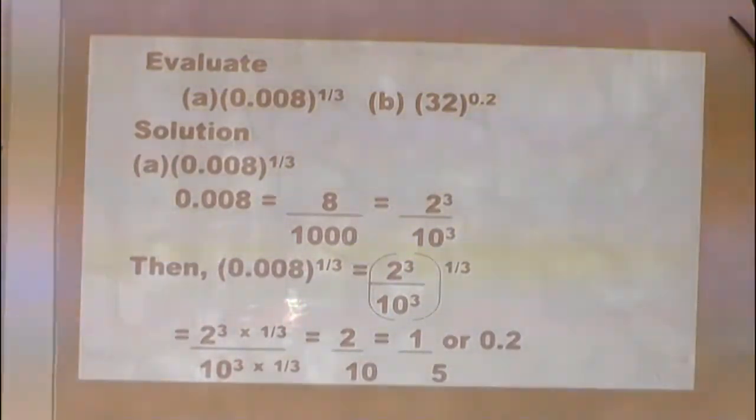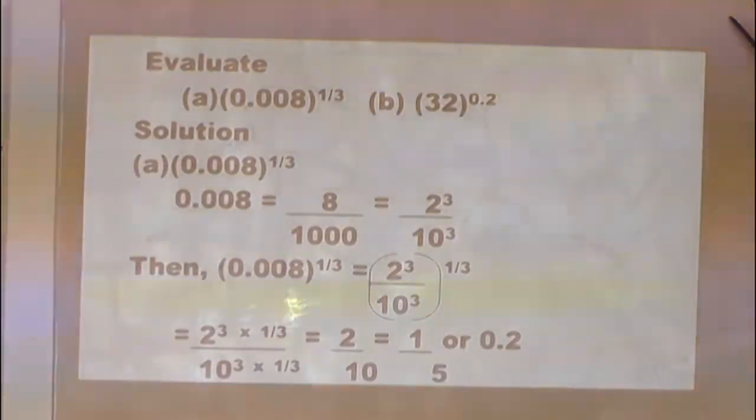This 3 will also strike this 3, and the result here is going to be 10 raised to the power of 1. 2 into 2 is going to give us 1 all over 2 into this 10 will give us 5. And this 1 over 5 is still the same thing as 0.2. That is the solution of the first question.